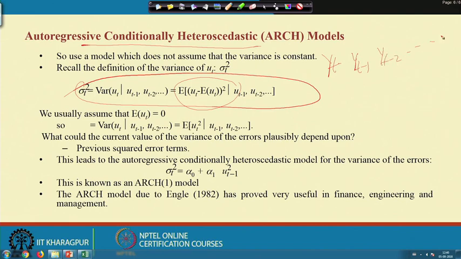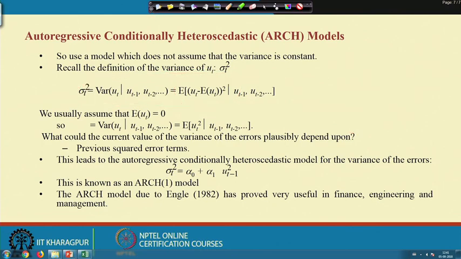Either the prediction will be yt as a function of yt minus 1, or yt as a function of another variable say x, and then we have the estimated y, and the difference between these two will give you the error component. That is the first requirement.